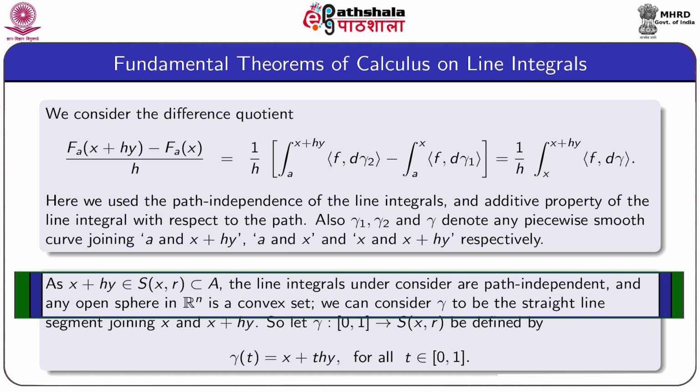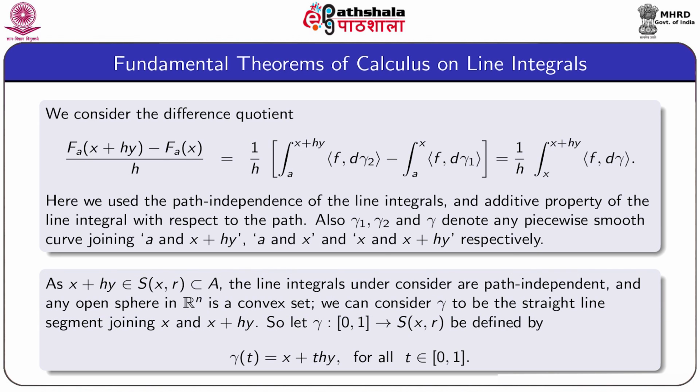As the point x + hy lies within the open sphere S(x, r) and S(x, r) lies in the set A, the line integrals under consideration are path independent, and any open sphere in R^n is a convex set. We can consider γ to be a straight line segment joining x and x + hy. So let γ from the bounded closed interval [0, 1] to S(x, r) be defined by γ(t) equals x + thy for every t in [0, 1].